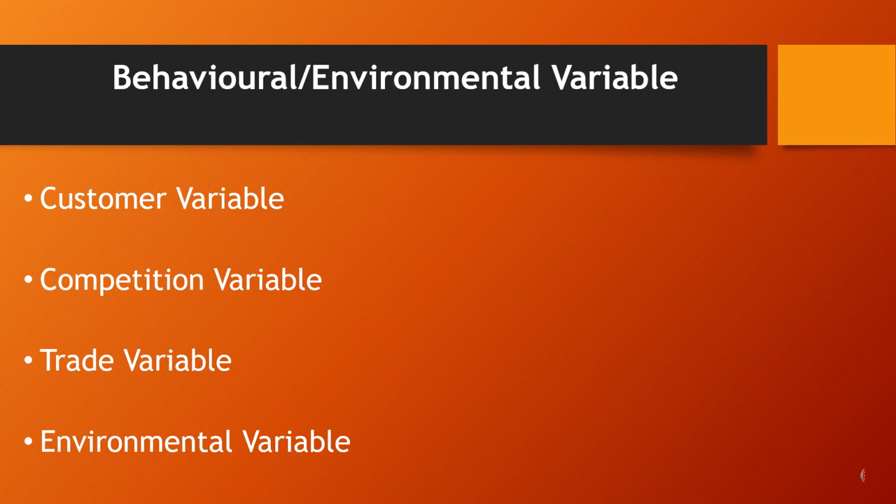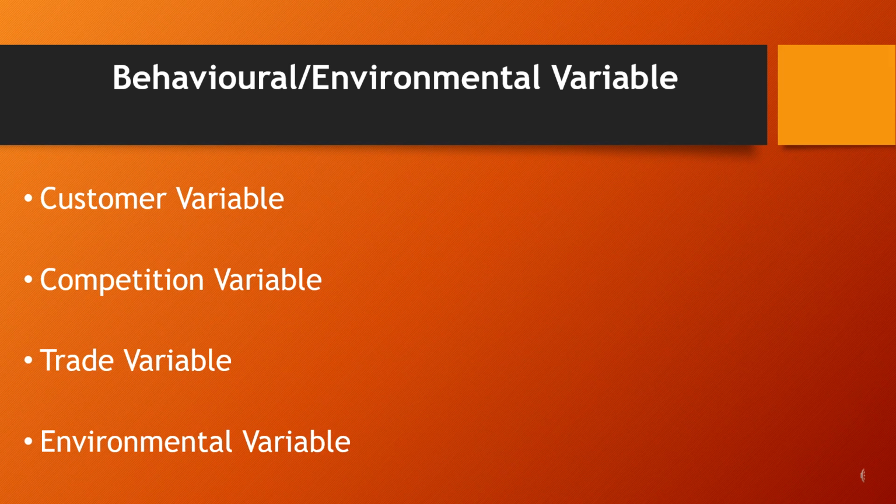Apart from the 4 P's of the marketing mix, or the 4 variables of the marketing mix, we can see one more variable, that is the environmental variable. Under the environmental variable, we see the customer variable, competition variable, trade variable, and environment variable. First comes customer variable.